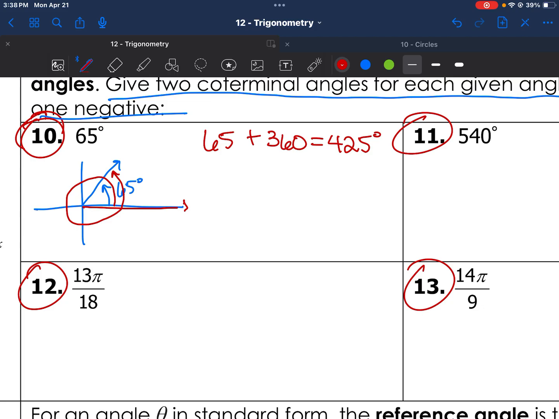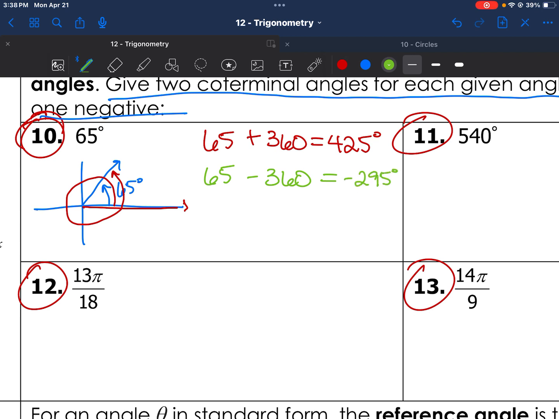So I can think of this as just adding a full 360 to my original angle to get a coterminal angle. Now, I could also do that process in reverse. If I instead went clockwise and did a full rotation, then I would wind up getting the same thing. So if I go 65 minus 360, that's going to give me negative 295.